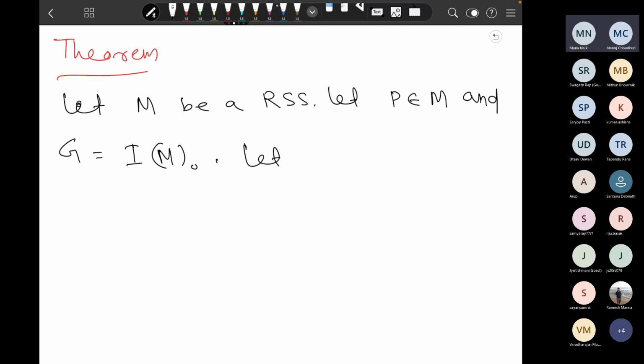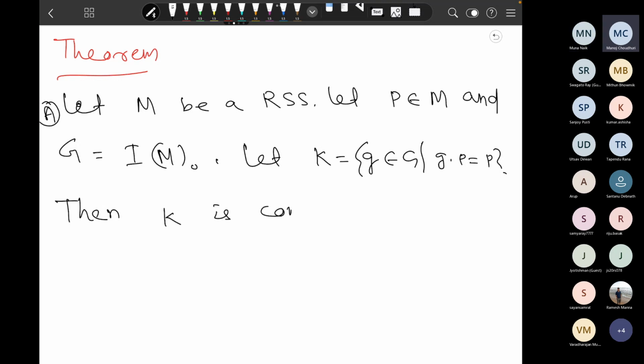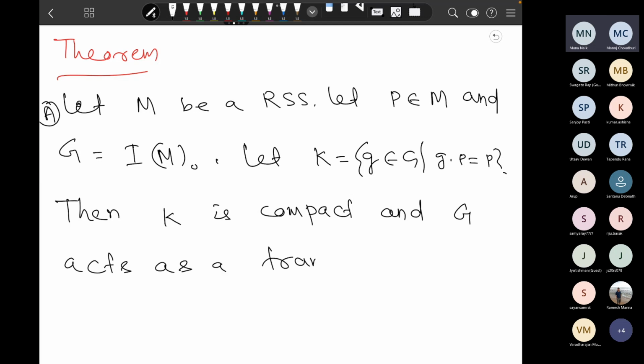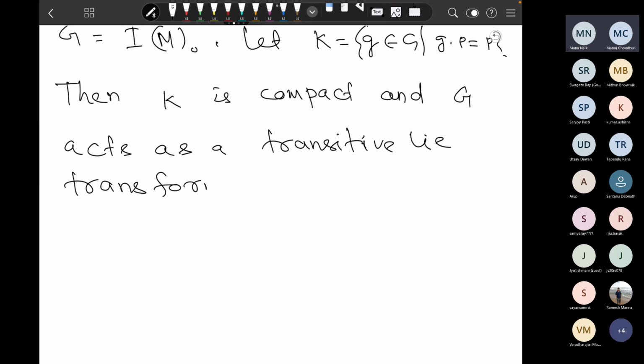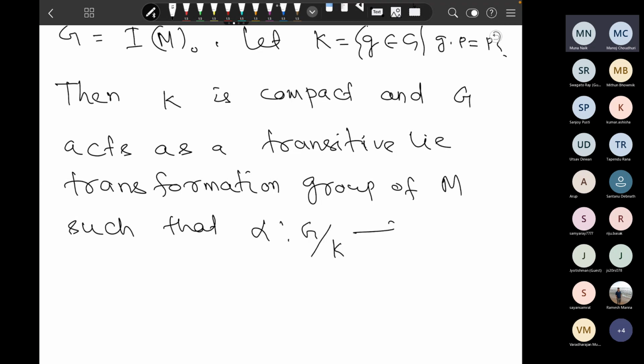Let K be the set of G belonging to G so that G dot P is equal to P. Then K is compact, and G acts as a transitive Lie transformation group on M, so that alpha from G mod K to M, given by alpha GK equal to G dot P, is a diffeomorphism.